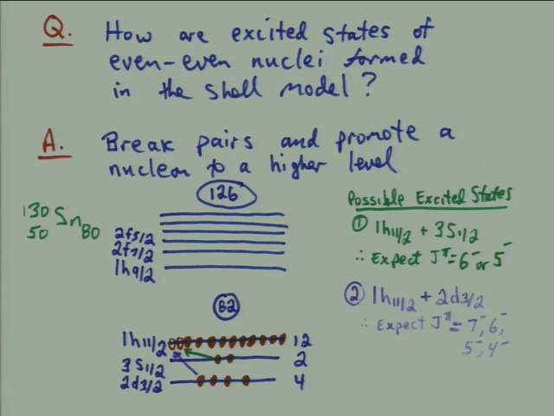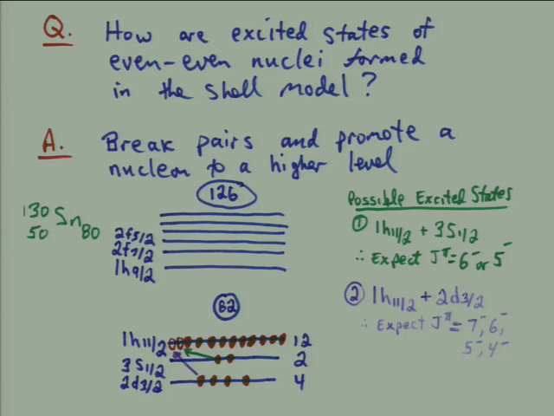Okay? So now I've got h11/2, that's one odd neutron there, and s1/2, and I add them together according to the rules we just had. So I would expect to get 1/2 plus 11/2, or 6, or 11/2 minus 1/2, 5, and they would have negative parity because, remember, the way you determine the parity of a state is to multiply the parities of the individual orbitals that are involved.